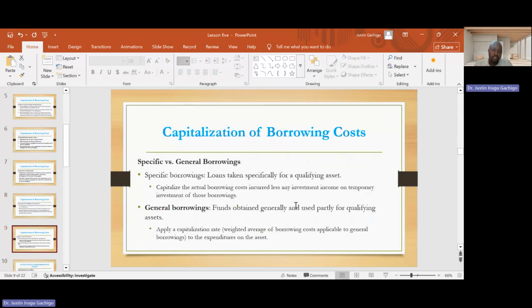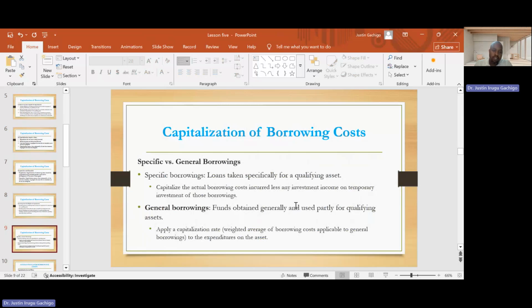Then we have the specific versus general borrowing. So the specific borrowing, these are loans taken specifically for a qualifying asset. So if, for example, we are doing a manufacturing plant, you take a loan and everything you direct it to the construction of the manufacturing plant.